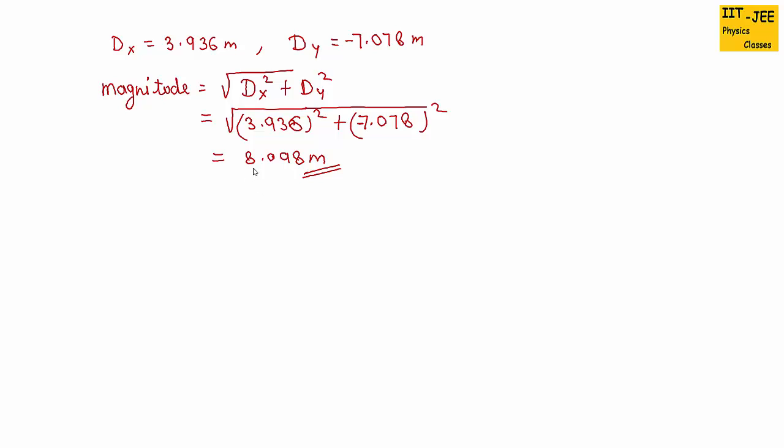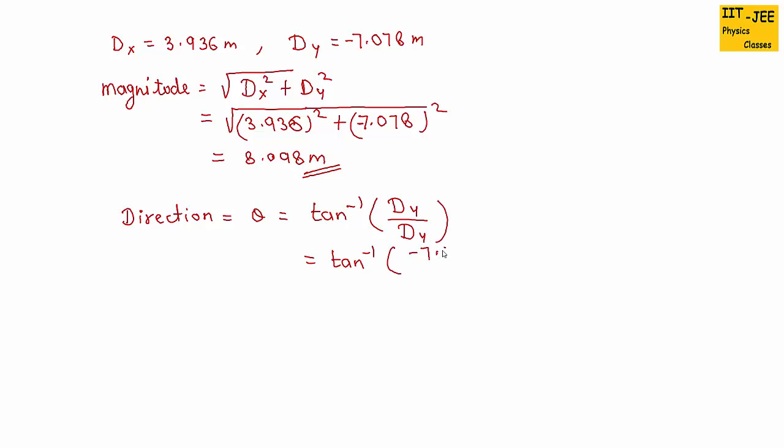So this is the magnitude of displacement vector D. So John displaces 8.098 meter from home to the school. Now we have to find in which direction. So for direction, we use tan inverse Dy over Dx, tan inverse minus 7.078 divided by 8.098.